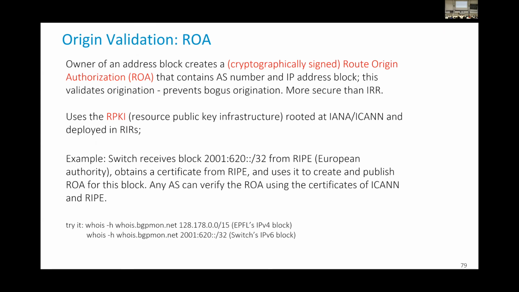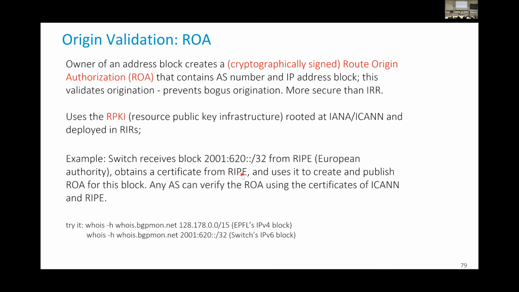You can go one step above by having a true authentication of the blocks of addresses. For example, very much like we've seen for certificates. If I go to a website, I know this website was given to my bank. For example, this DNS name was given to my bank. This is what we saw when we discussed how TLS works. Here, there is the same thing for blocks of addresses. For example, Switch receives this block from RIPE, that's for IPv6.